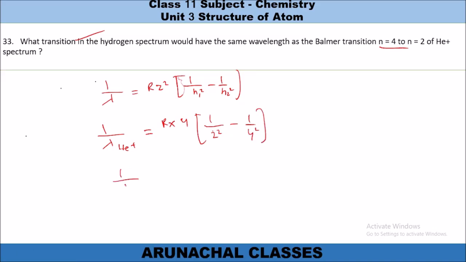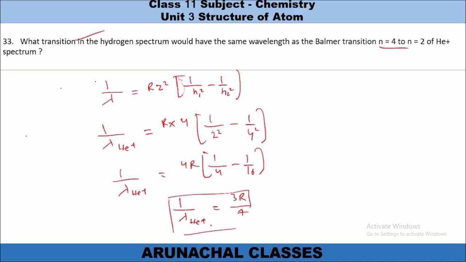So 1 upon lambda He positive equal to 4R, then 1 upon 4 minus 1 upon 16. After solving this one, we will get 1 upon lambda for He positive equal to 3R upon 4. So this equation we have got for helium ion.